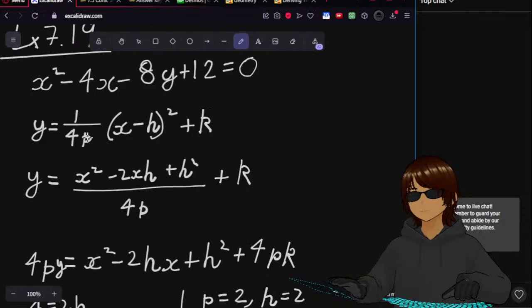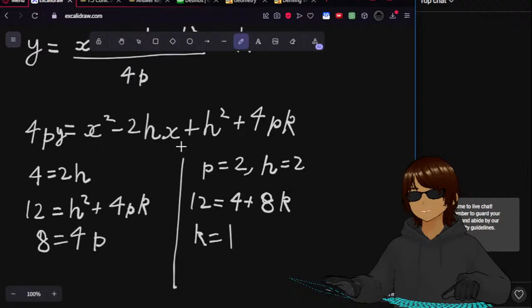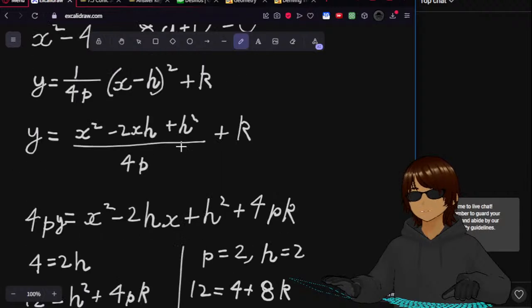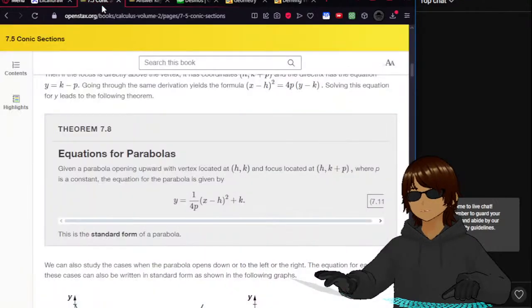So y is equal to 1 over 8 times (x minus 2) squared plus 1.